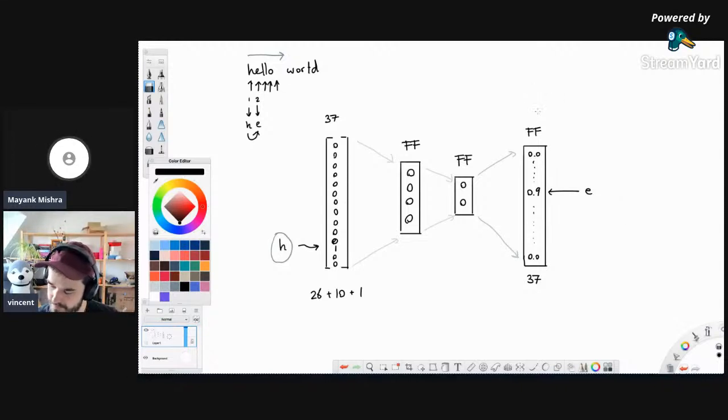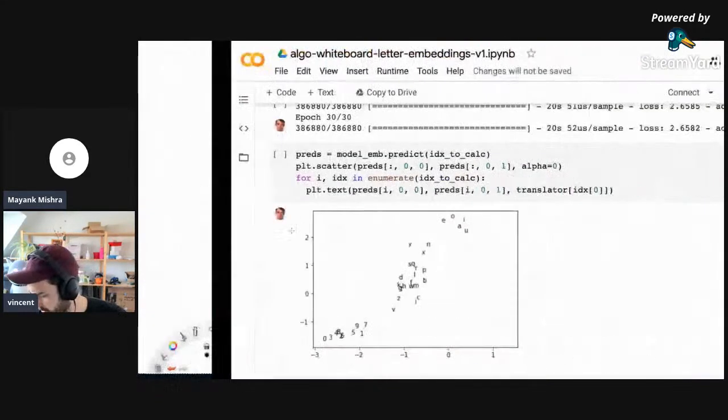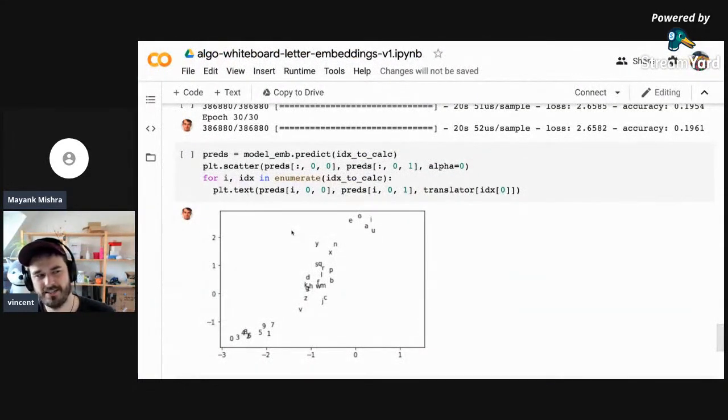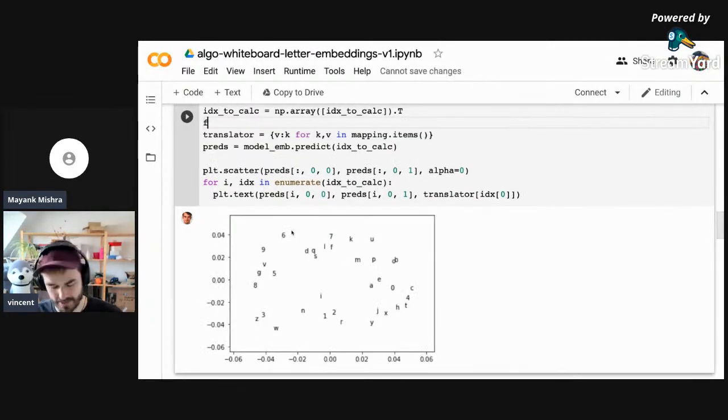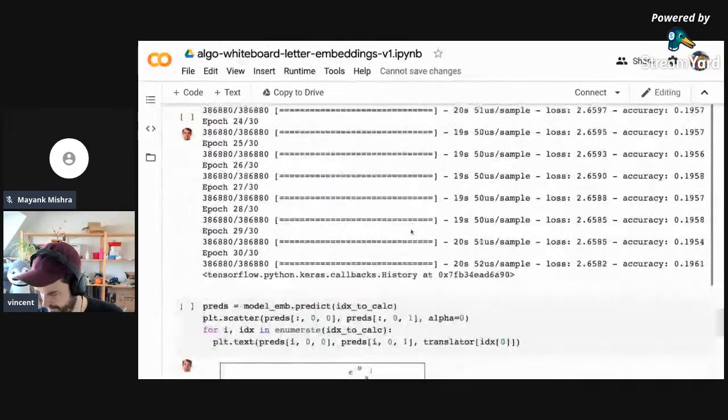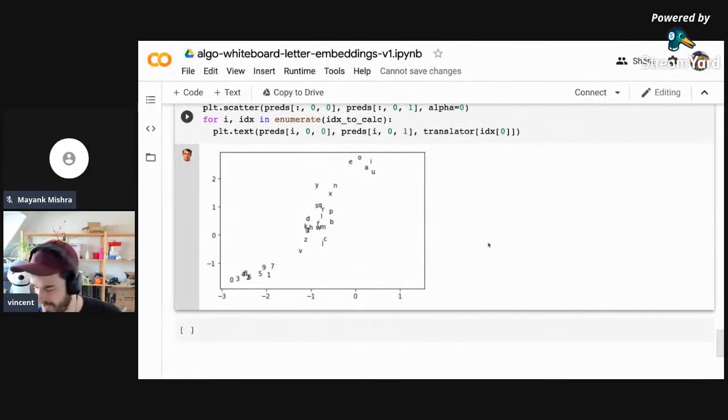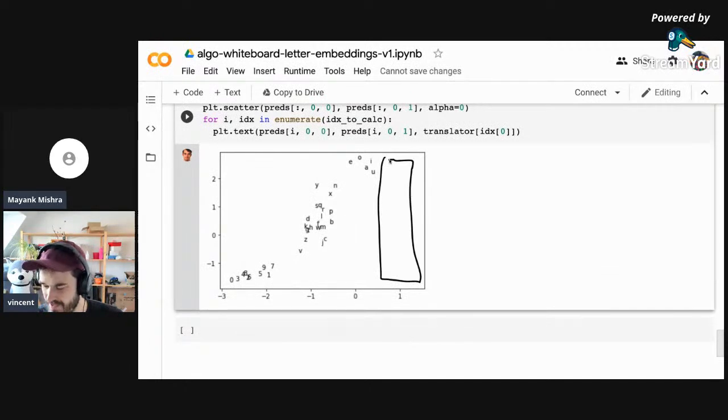There's another question. Would space be a part of the vocabulary? It would be in this case, yes. And to be honest, you can kind of see that. The downside of printing the character space is that you cannot see it. But let's scroll down real quick. One thing that you do see is that there's some space over here with nothing in it.